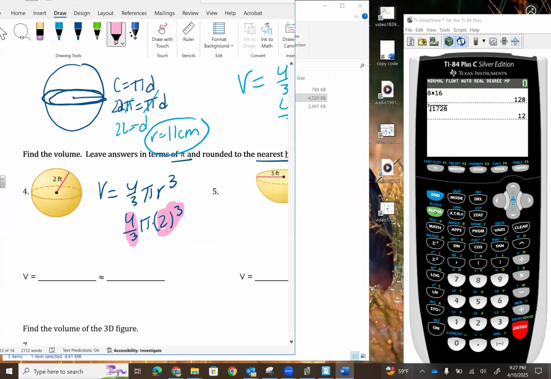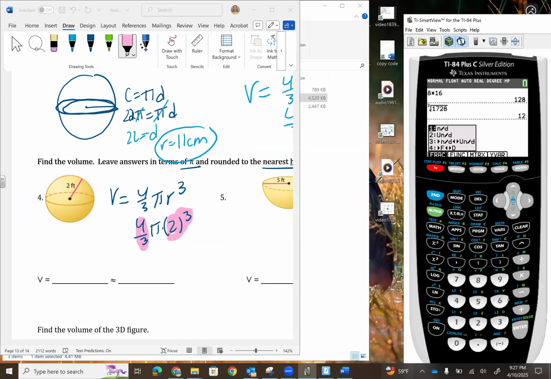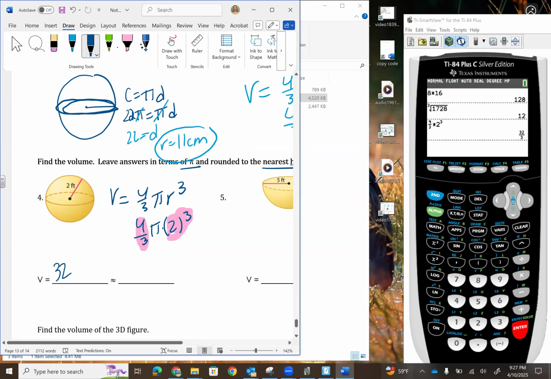I would do alpha 1 equals enter. I would do 4/3, arrow to the right, times 2 to the third, which is 32/3 pi, and that is feet cubed.